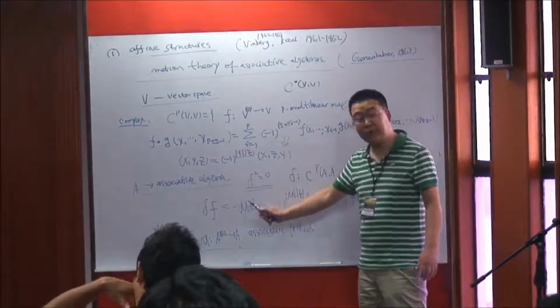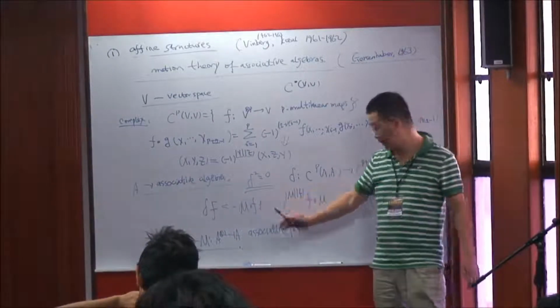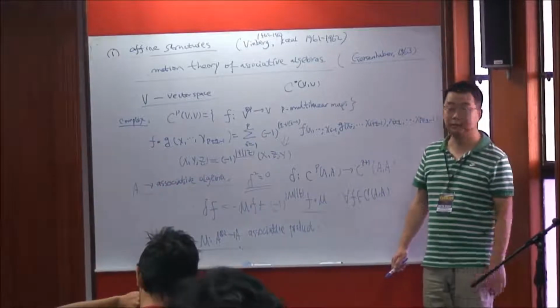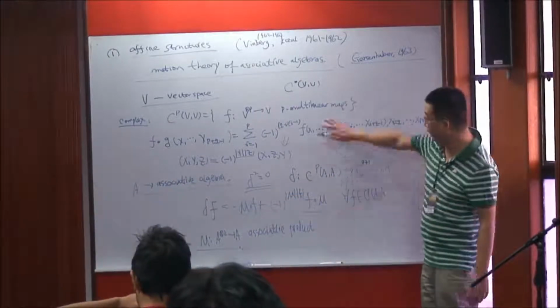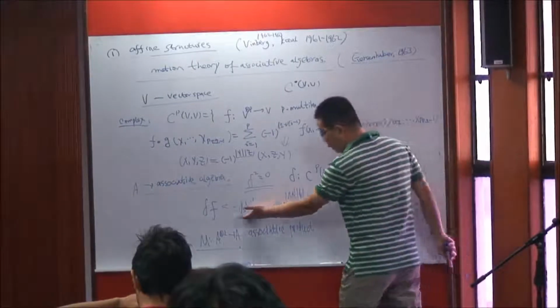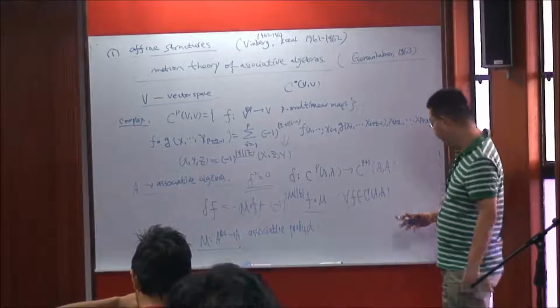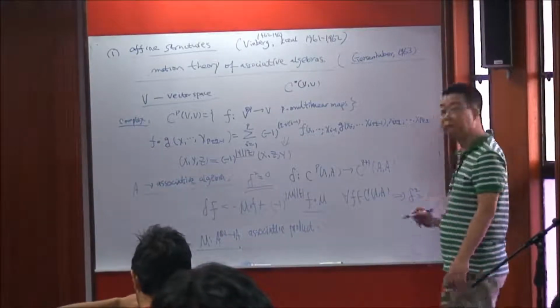So the product is in C^{p+1}, so it's well defined. Here we use the right-symmetric product, and here is the associative product. So we can get this one. And more importantly, by this one, we can learn that the square is 0.